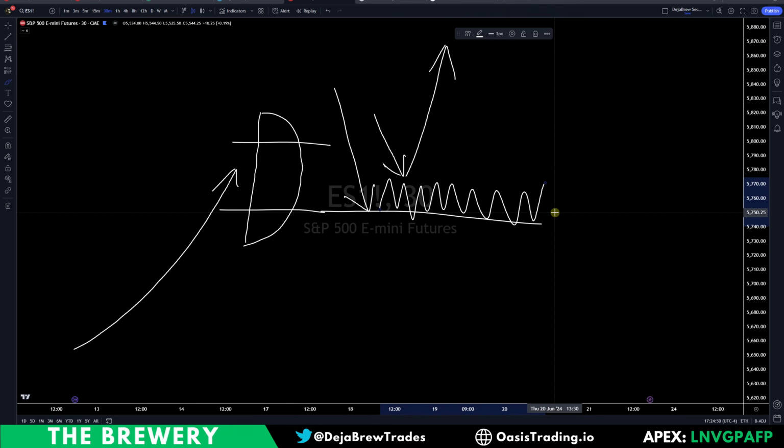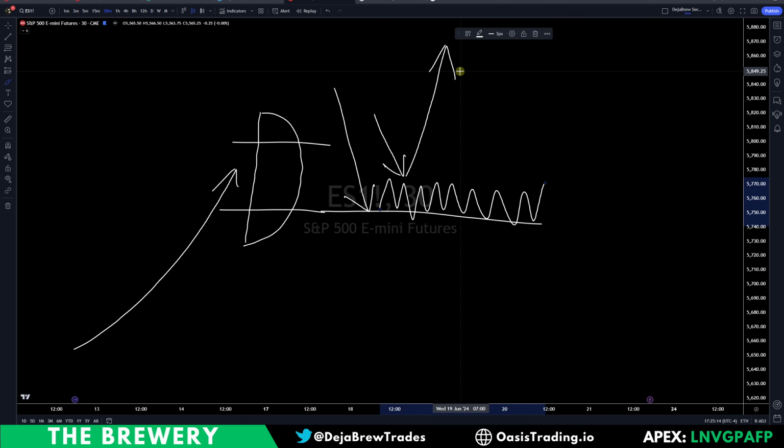So typically, with these failures to rotate, what we look for is obviously what we just went over. We look for that failure to rotate, but following that, we want to see, are they going to repair this? Are they going to repair that failure to rotate? Are they going to retest that level and fill in whatever's left?